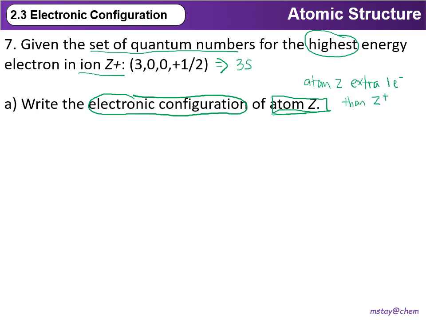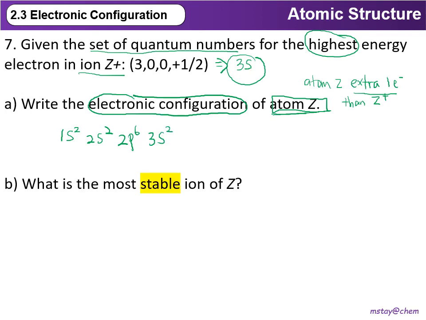The highest energy is 3s, so we have to add one more electron into the 3s orbital. In the 3s, a maximum of 2 electrons can be filled. So that's why the electron configuration will be 1s2, 2s2, 2p6, and 3s2.